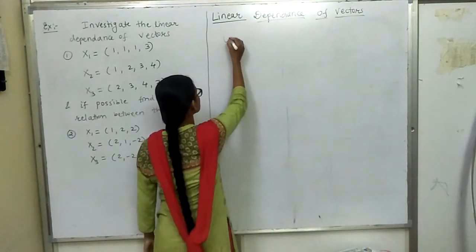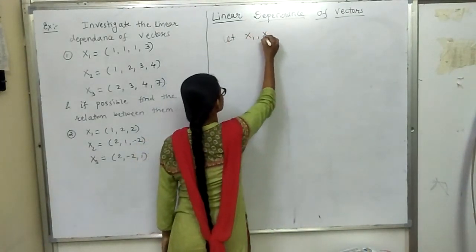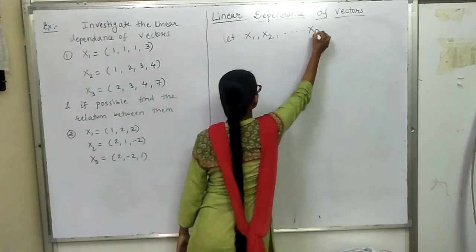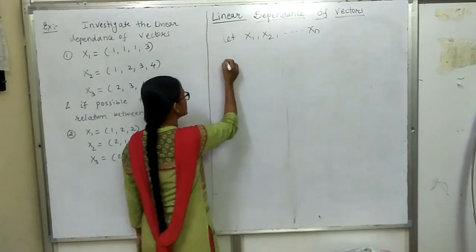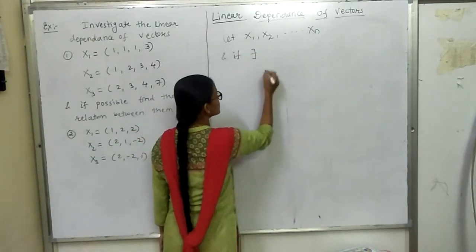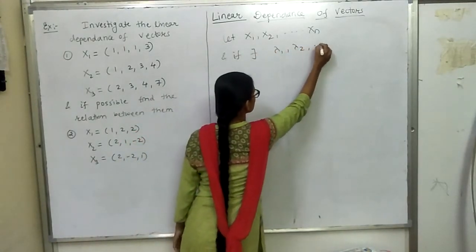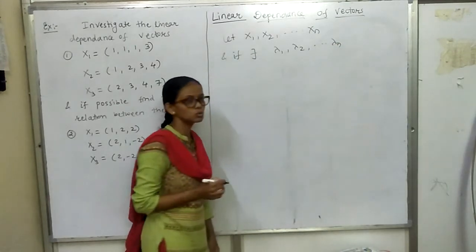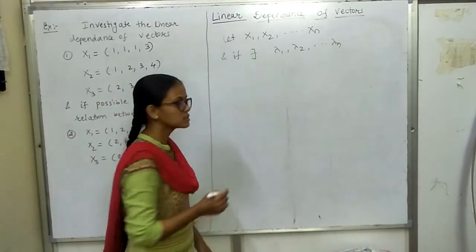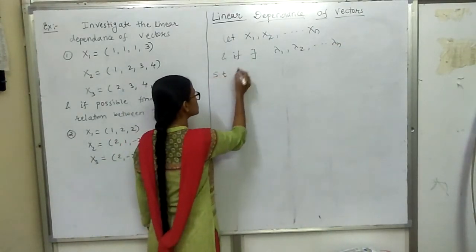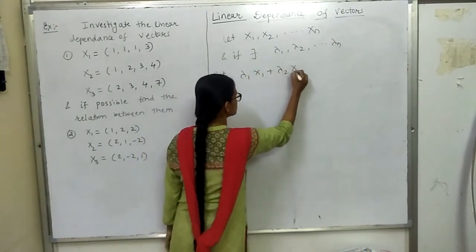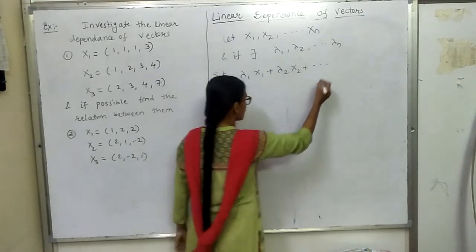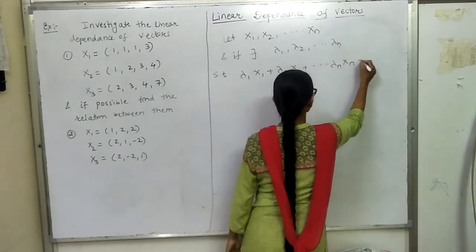Suppose we have given n vectors x1, x2, up to xn, and there exist n scalars lambda 1, lambda 2, up to lambda n, such that the linear combination lambda 1 x1 plus lambda 2 x2, up to lambda n xn is equal to 0.